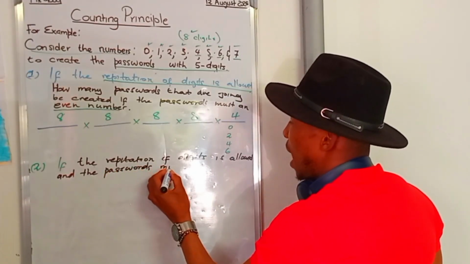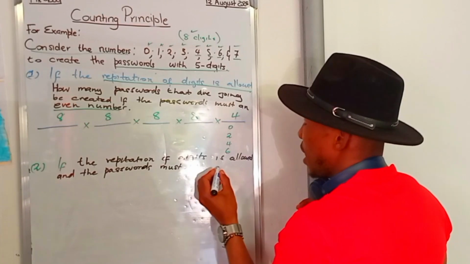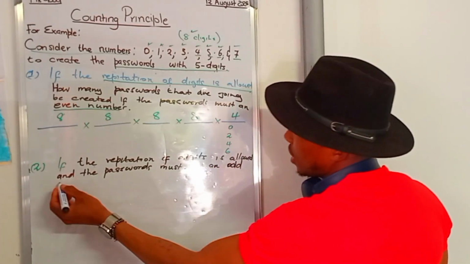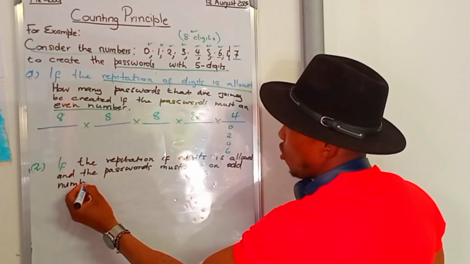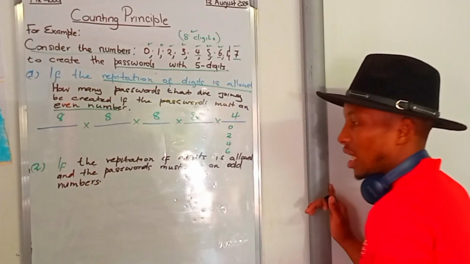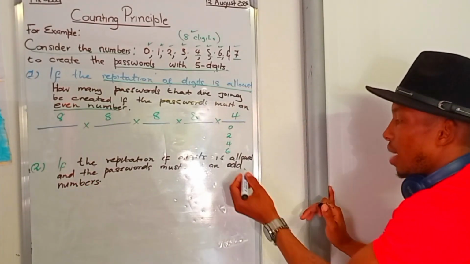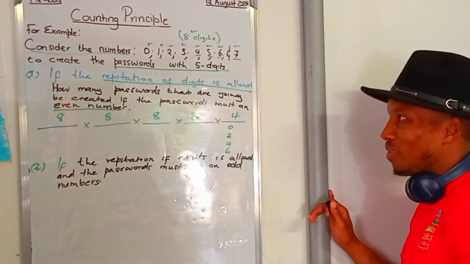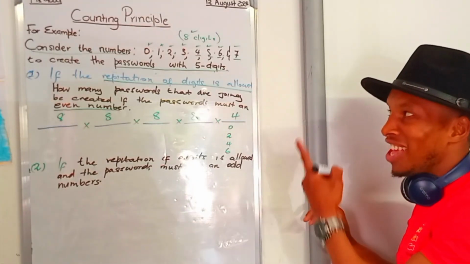That is your homework. How many passwords are going to be created here? The password must be an odd number, and the password must be greater than 20,000.